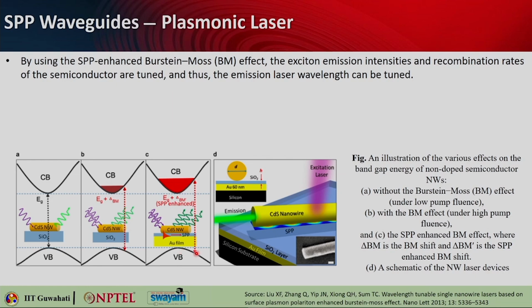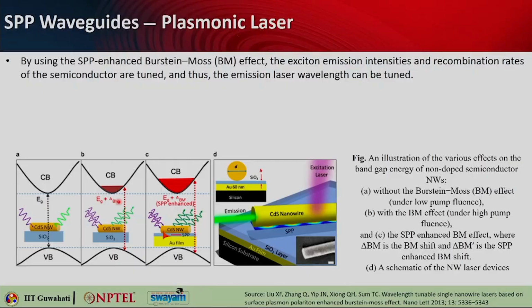If you want to jump from your valence band to conduction band, these states are already filled up, so you cannot actually go there. You have to go to a higher energy level in the conduction band, and this shift that you see, delta BM, is the BM effect.